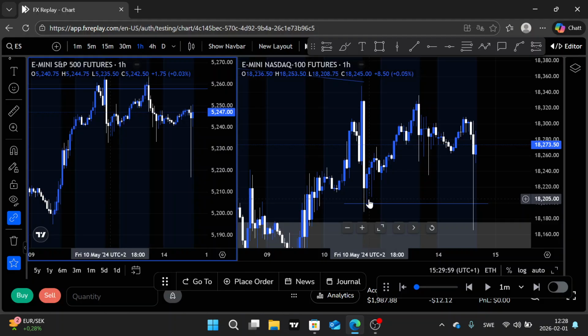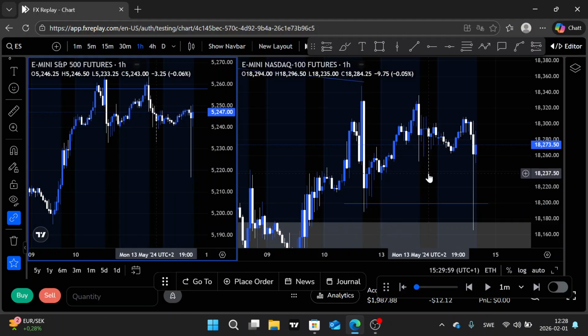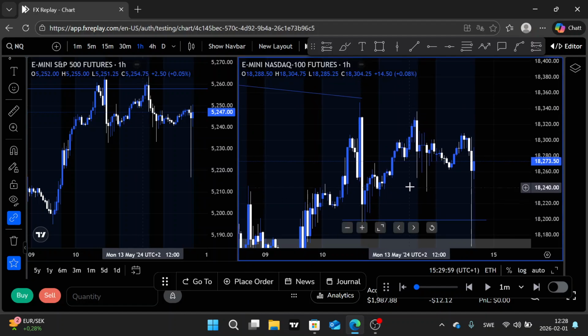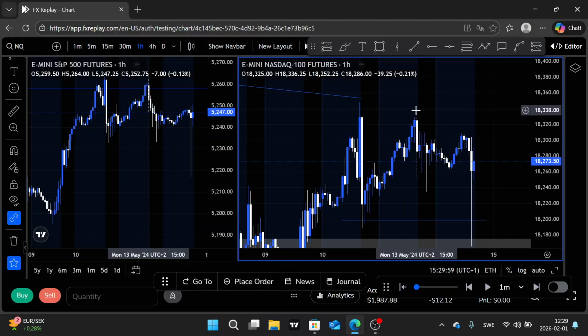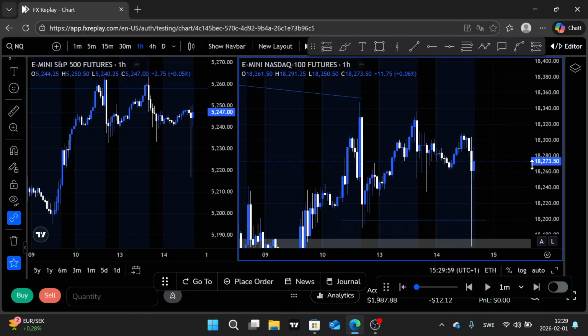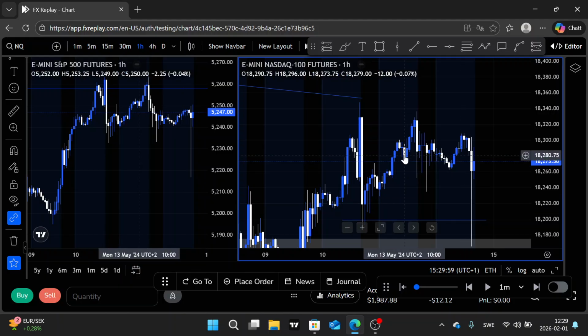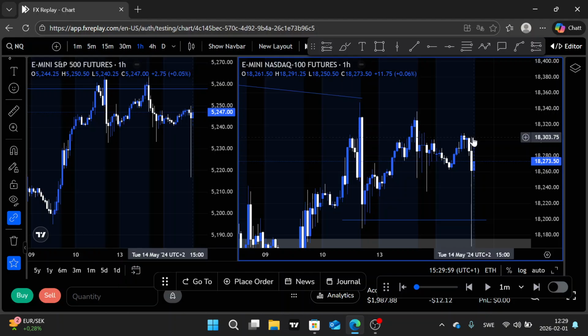Okay, we took this sell side, we took this sell side, both on ES and NQ, and so no SMT in this case. We don't have any SMT on this smaller time frame. I mean, in 1 hour time frame. So no need to be searching for something, but we do have an SMT here.